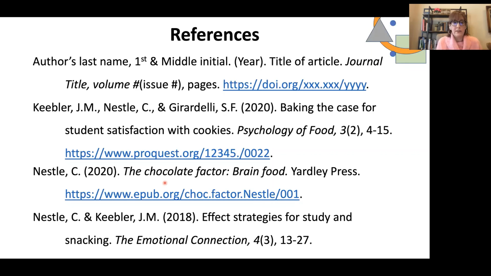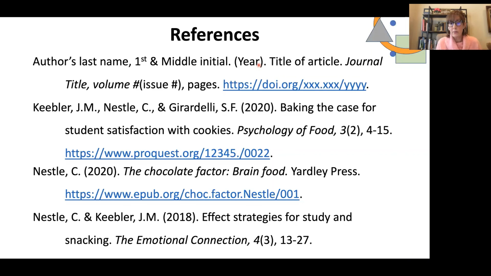Then you put the author's last name, and now they require the first and middle initial, like J.M. Keebler. Nestle doesn't have a middle initial available, so it's just C. Nestle.